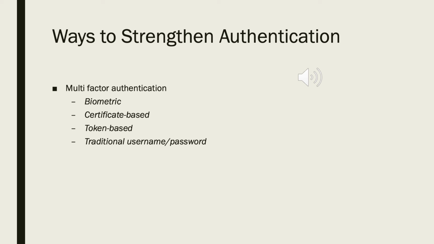And at the same time, it employs mutual authentication. And with mutual authentication, both parties involved have to identify themselves to one another before a connection can be made. So the device has to identify itself before connecting to a network, and then the network has to identify itself before connecting to a device.